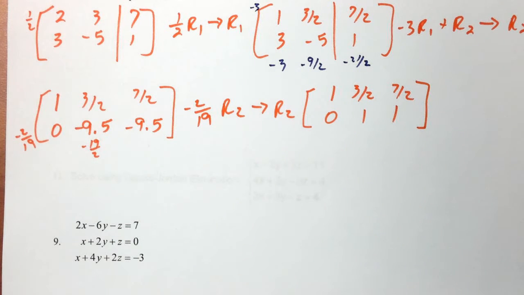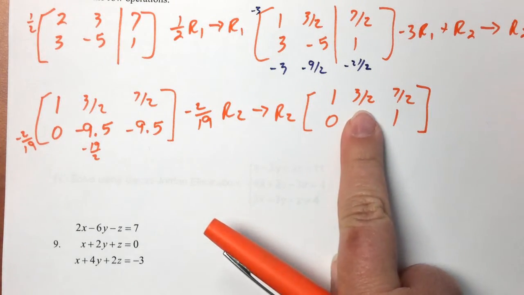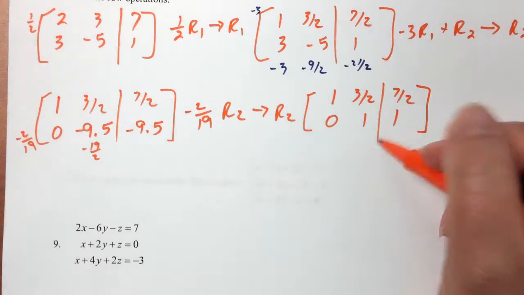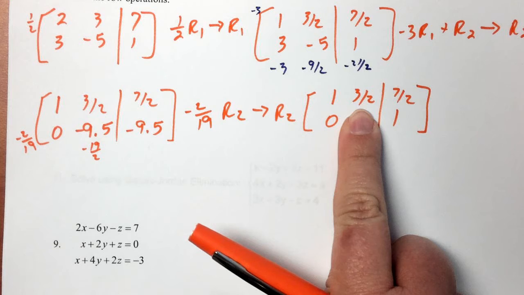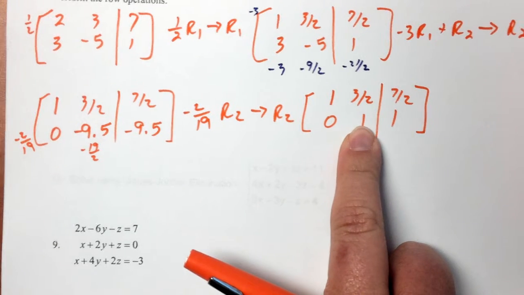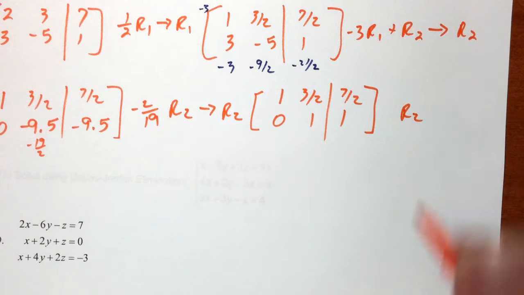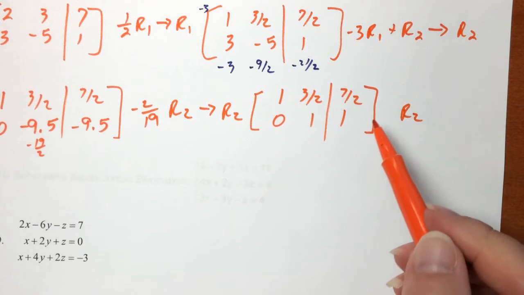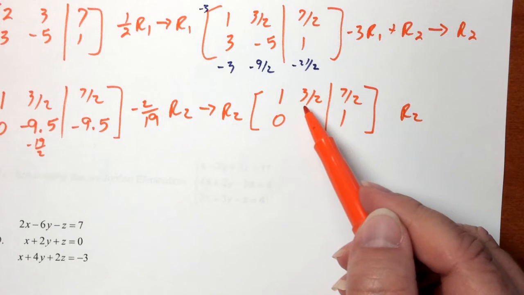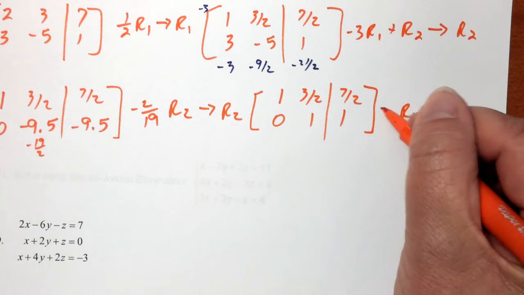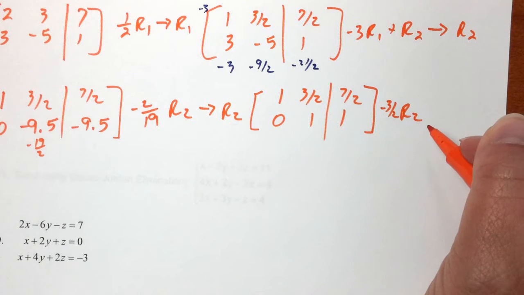Okay. All that's left to get rid of is this 3/2. Okay. So the 1 beneath it is our pivot. So we multiply our pivot row, the row 2, by the opposite of whatever we're trying to get rid of. We're trying to get rid of 3/2, so we'll multiply by -3/2.